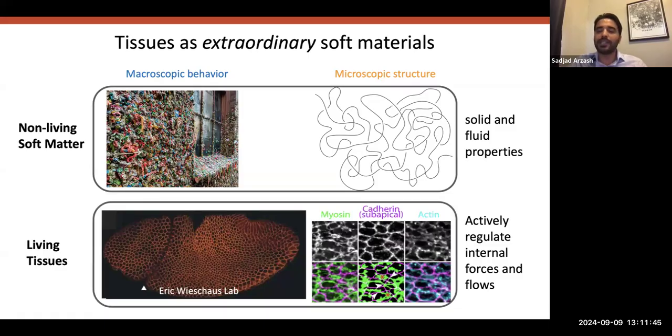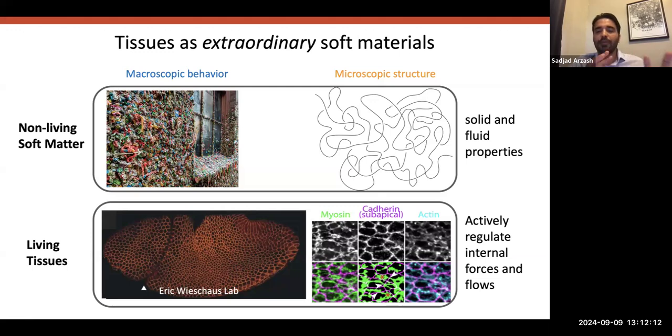You have basically active ingredients. Here, for example, showing myosin, actin, as well as catenins that basically tune the properties of each cell. Catenins help to connect individual cells. Myosin and actin help to contract these cell edges.